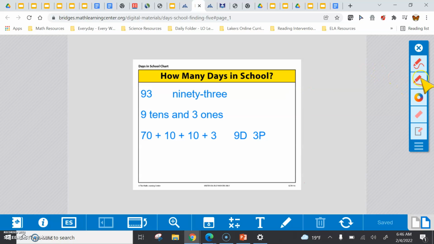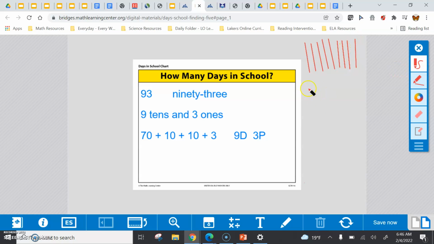9 groups of 10, which we talked about just the other day. That means if we had those long towers, we would have 1, 2, 3, 4, 5, 6, 7, 8, 9 of them.